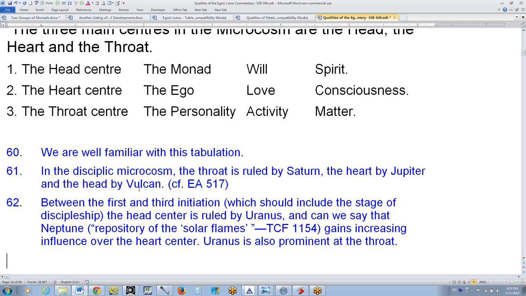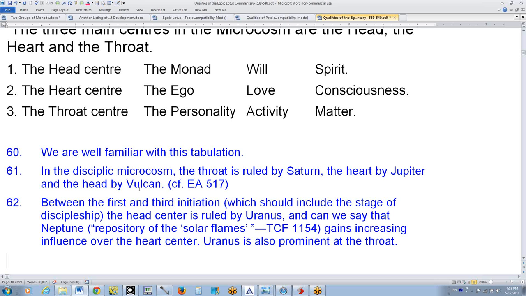Between the first and third initiation, which should include the stage of discipleship, beginning really at the first, the head center is ruled by Uranus, and we can say that Neptune, the repository of the solar flames, gains increasing influence over the heart center, and Uranus becomes also prominent at the throat with the growth of the seventh ray at the throat.